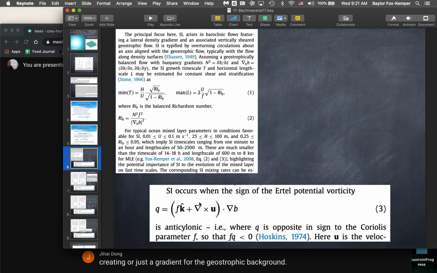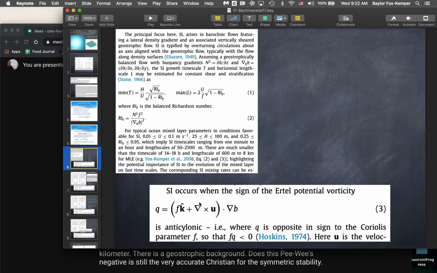For example, if we focus on model simulation, for example, just 1 kilometer, there's a geostrophic background. Is PV negative still the very accurate criterion for the symmetric instability?